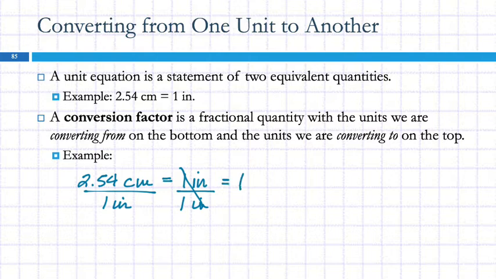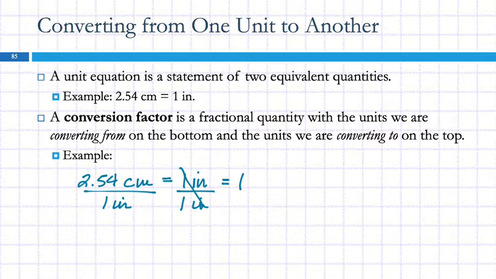So 2.54 centimeters per inch is numerically equal to 1, which means that if I multiply my inches by this factor, I'm really multiplying by 1. I'm not changing the size of the measurement. I'm changing the unit.